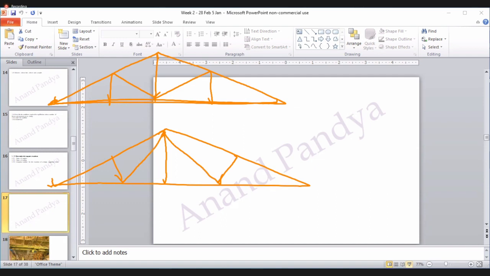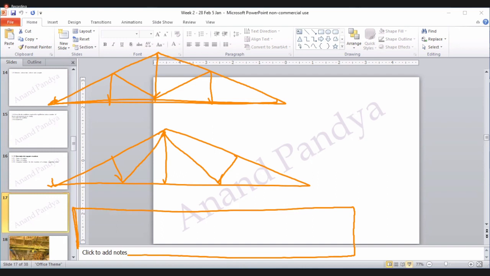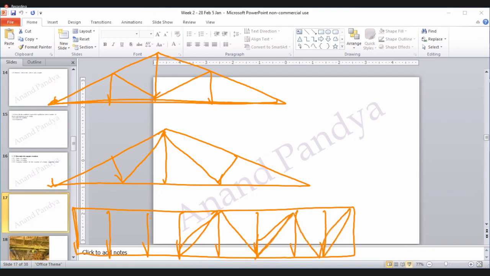There can be trusses like this, and many other varieties.